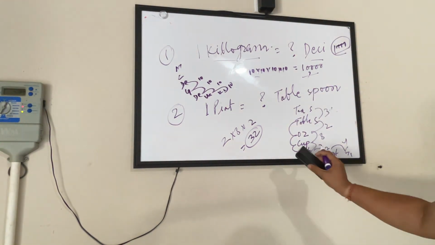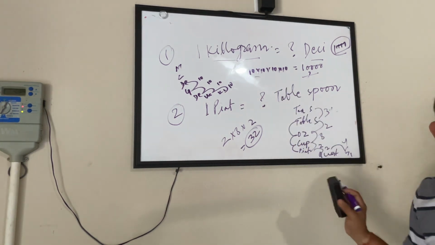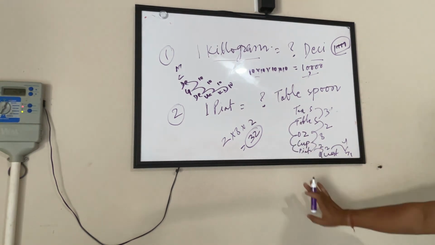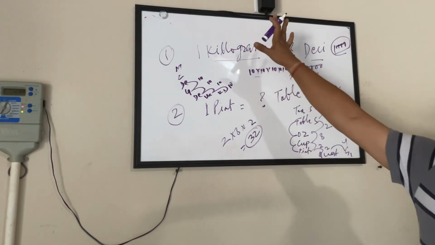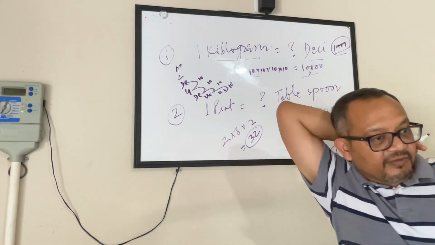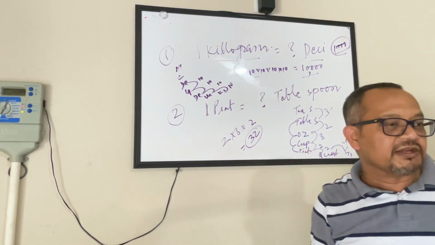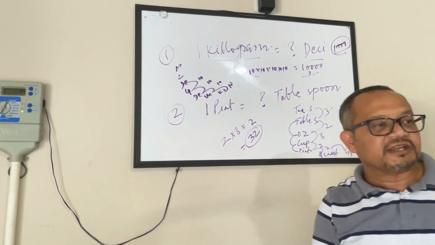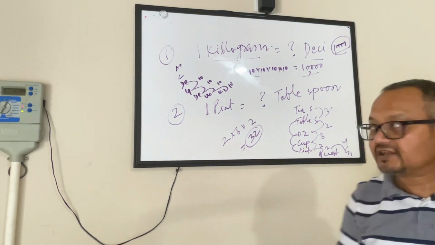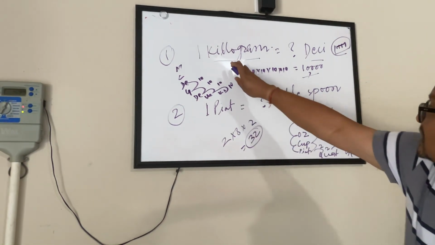Alright? So again, if you look at this one, I'm not doing anything fancy, right? I'm just using the basic concept. What is my sequence? I'm writing it down. I'm not trying to act like I'm much more grown up, much smarter than you guys, that I have seen enough of the world and I know how much it is. No, I will do it like a child. What did I do? Okay, kilogram to decigram.